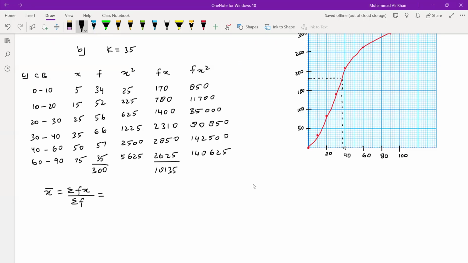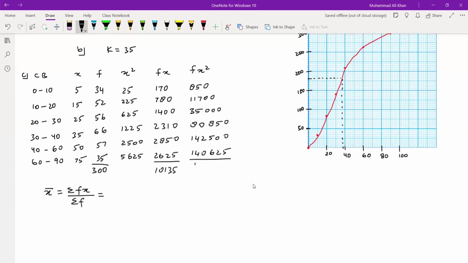It is 10135. And now summation of fx squared, 850 plus 11700 plus 35000 plus 80850 plus 142500 plus 140625.